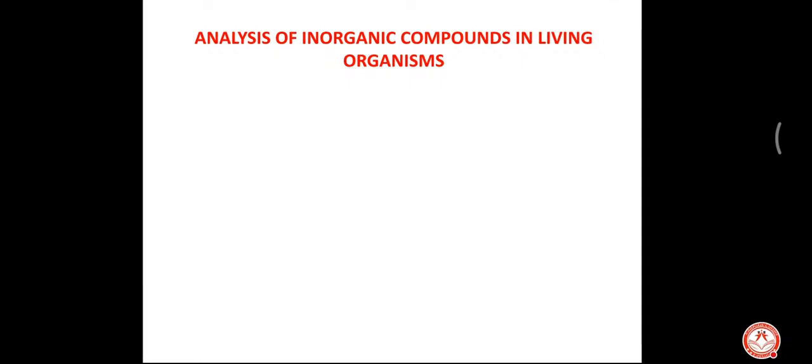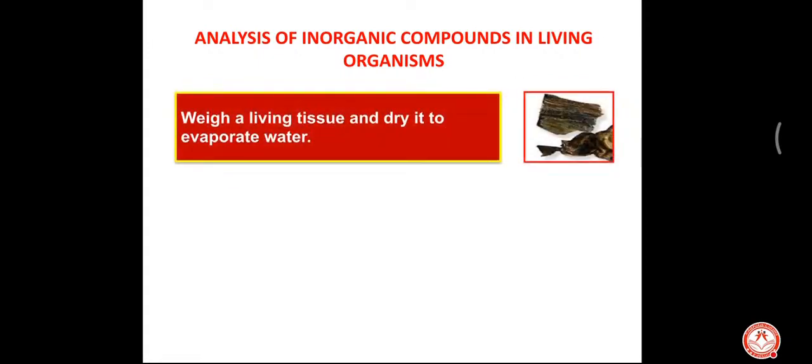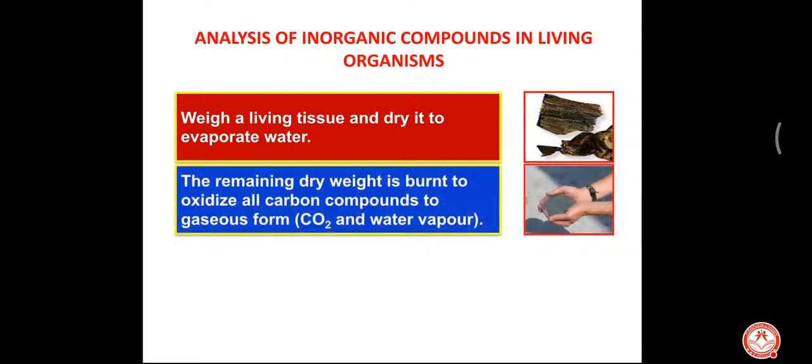Now, analysis of inorganic compounds in living organisms. Firstly, a living tissue is weighed and dried to evaporate water. A dry living tissue is taken, and then it is burned to oxidize all the carbon compounds, that is the organic compounds, to gaseous form, that is carbon dioxide and water.